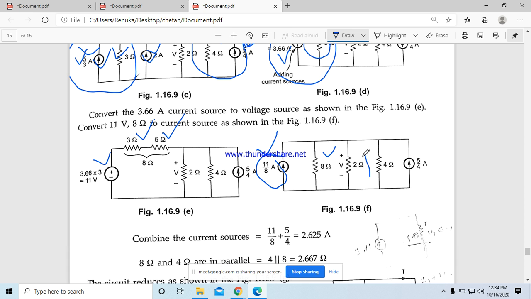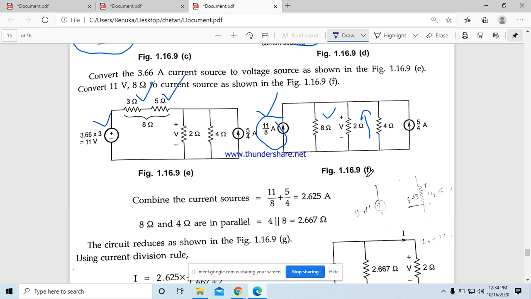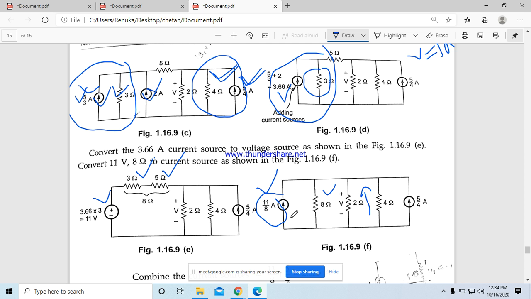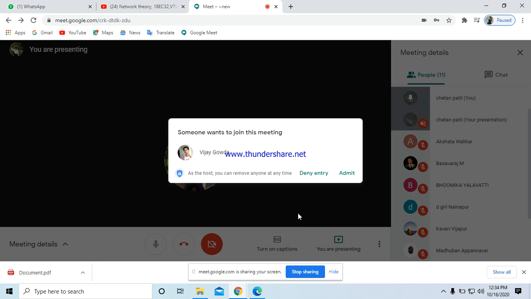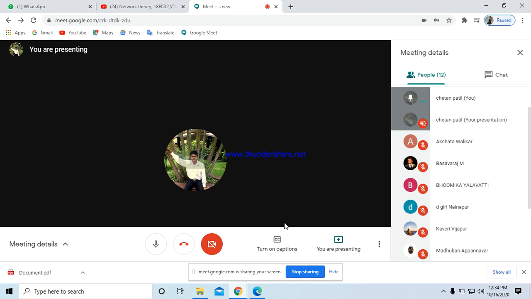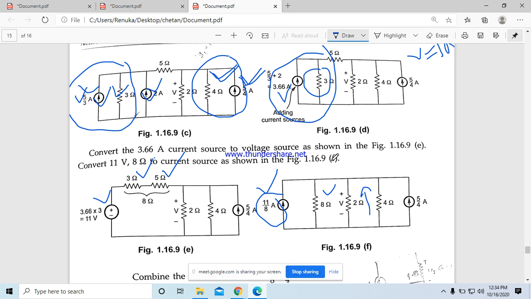Fine. Okay. Next, what is the next procedure? Tell me, any one of you, what procedure can you do next? What procedure can you follow next? Actually, you are trying to find out the current across 2 ohm, right? You should not do anything for this setup. You should keep 2 ohm same as it is.